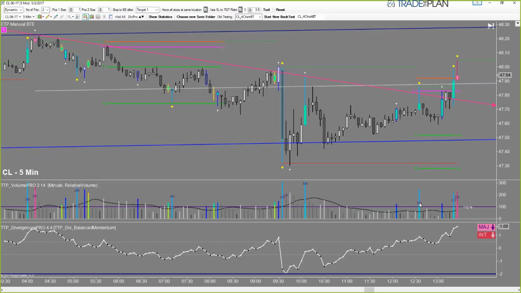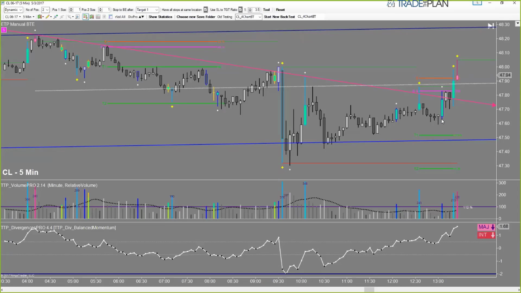And then the plot behind it is what's called relative density, which we're looking at the amount of volume per range relative to the average volume per range per that time period. So this bar is a very high volume, high density bar. So it's a buying high density extreme climax bar. And it's closing off of the high. So you had supply coming in right here. Buying it up, we hit a brick wall of supply and it pushes it down.